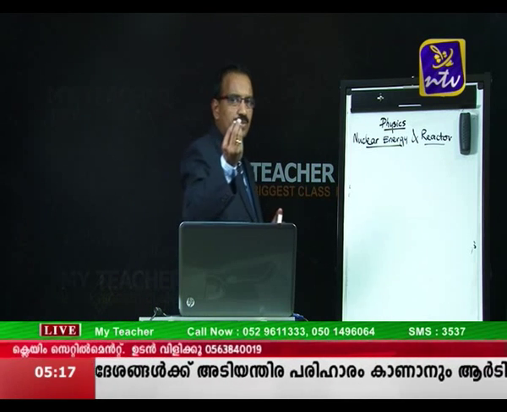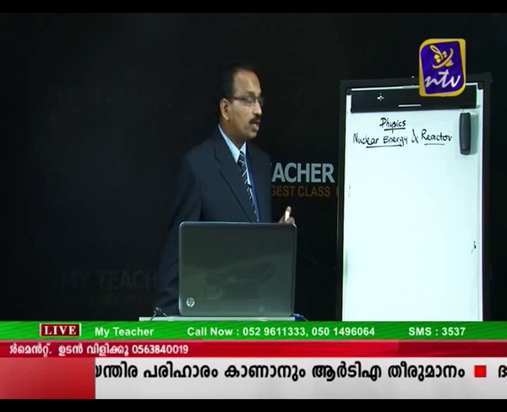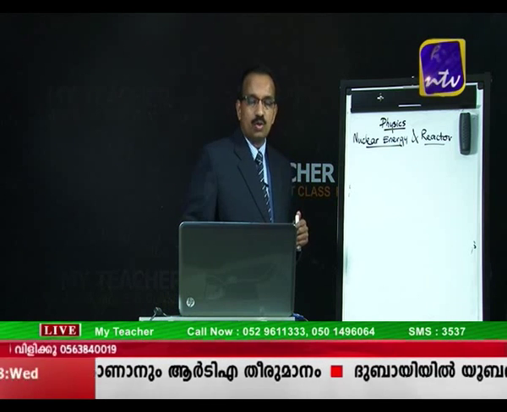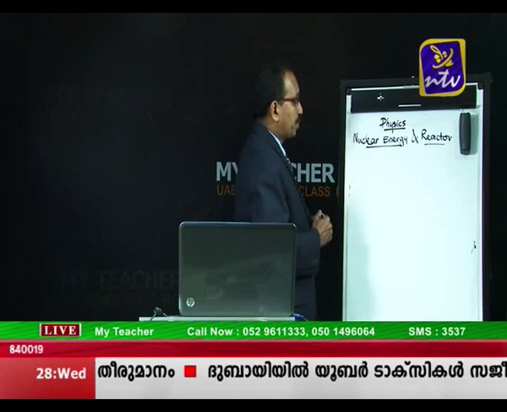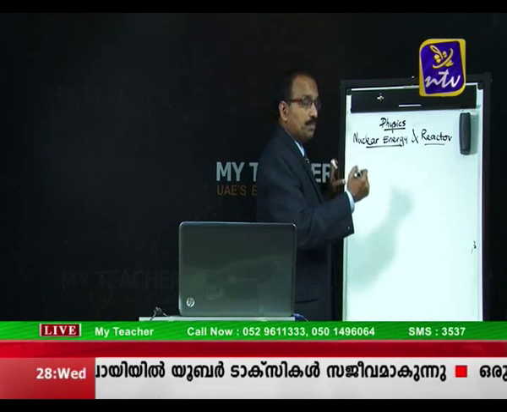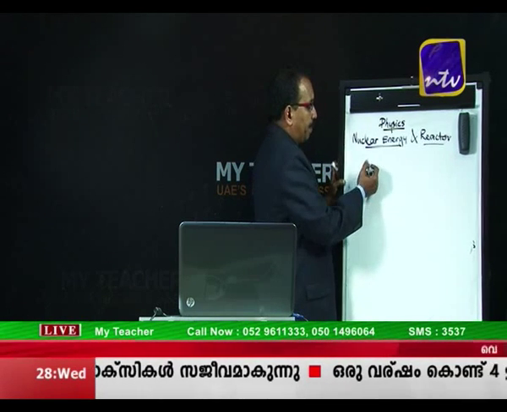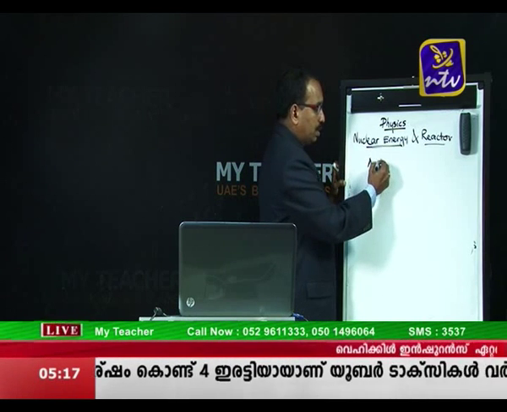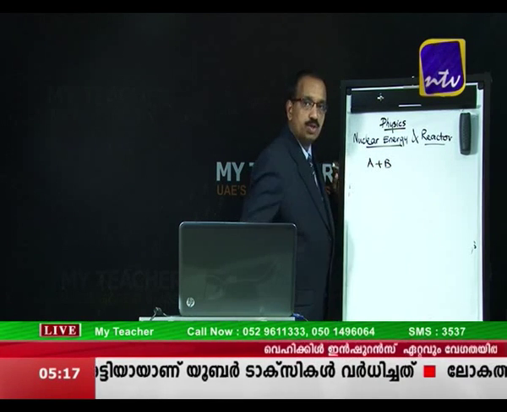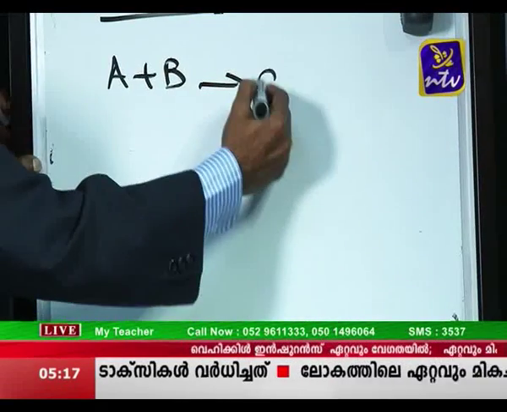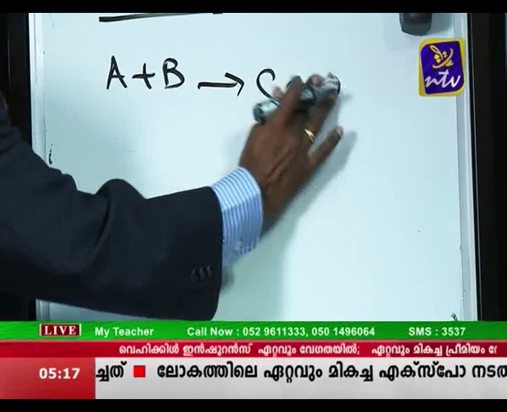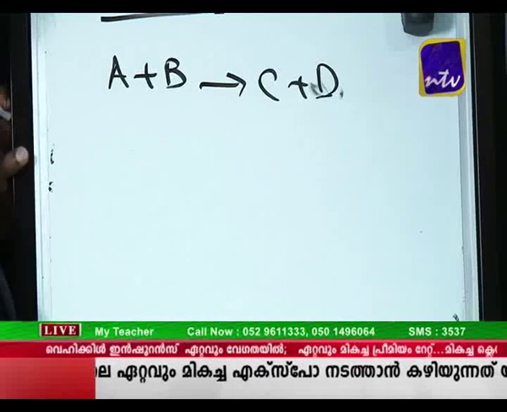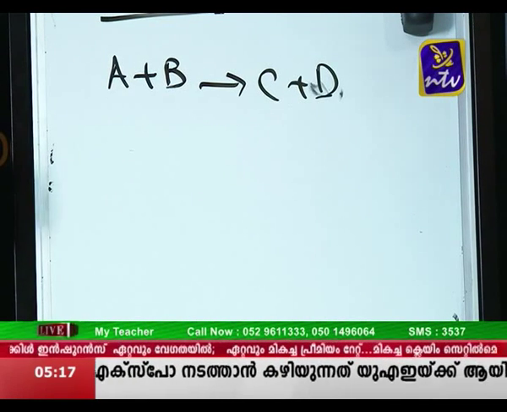So in that case, I will give you a simple example. This is a very useful concept for you to solve some numerical problems which may come in the exam. Just generalizing, imagine there are two nuclei, A and B, just to understand the concept. C and D are two nuclei formed as a result of the nuclear reaction.